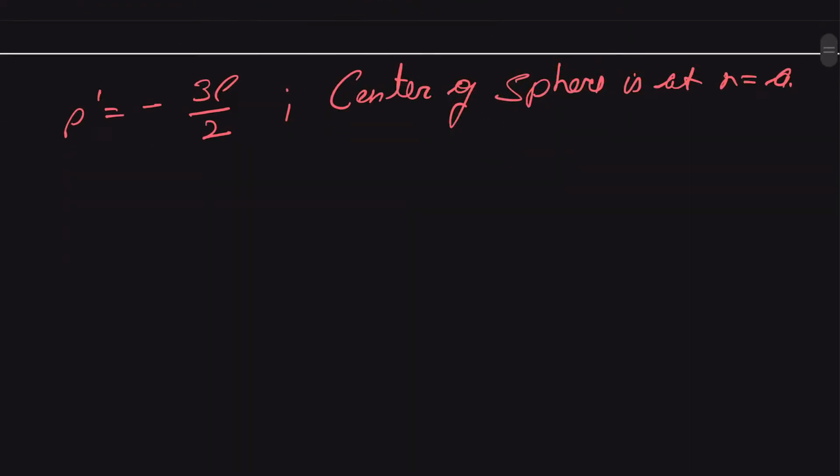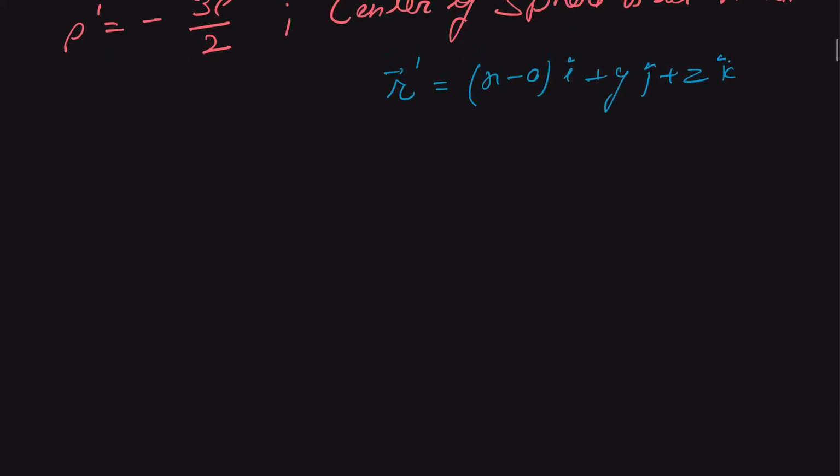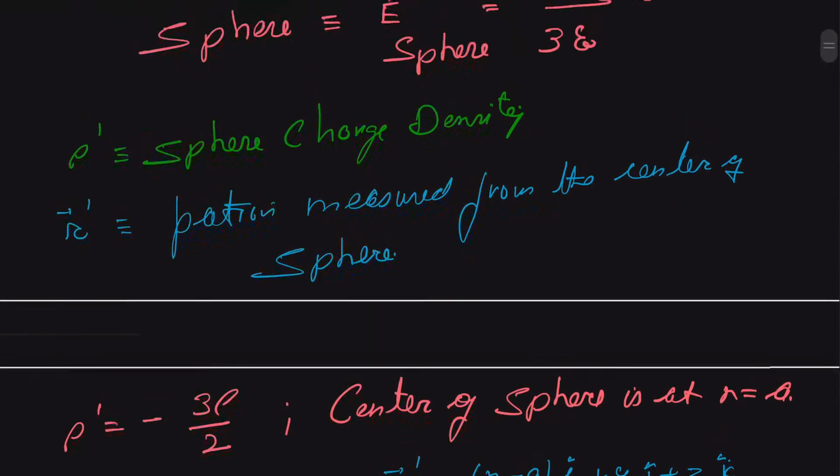Therefore we can write that our r prime will be equal to (x minus a) i unit vector plus y j, and then we have z k unit vector, and we can simply substitute back into this sphere formula.